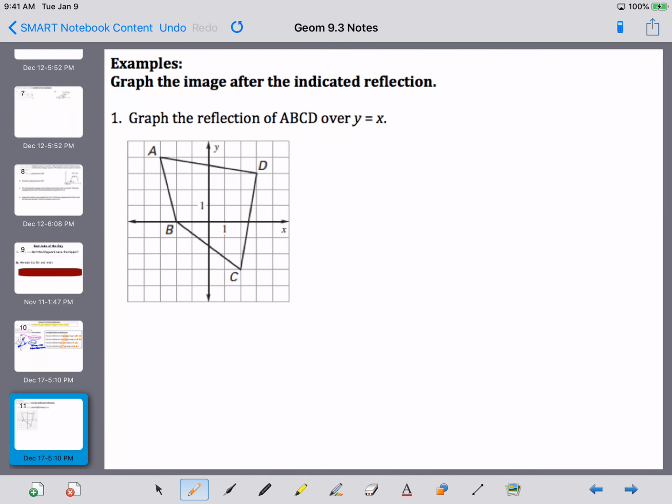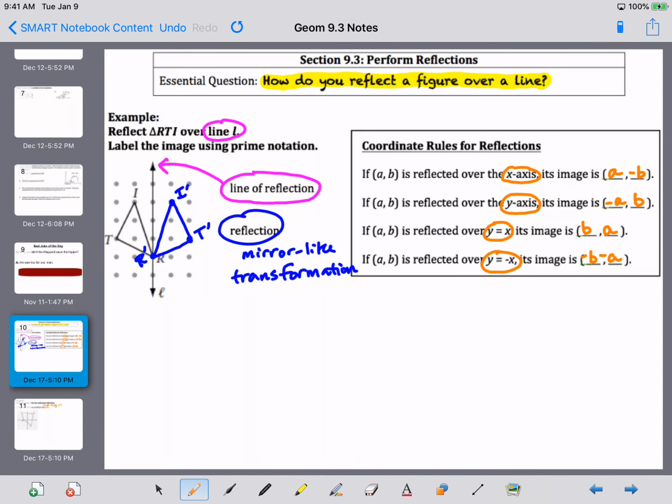In example 1, we're going to graph the reflection of quadrilateral ABCD over y equals x. So if we look above, our rule is this. If you start with x comma y, you're just going to flip them. I'm just writing down this rule from up above right here. This 3rd rule is the one we're looking at right now.